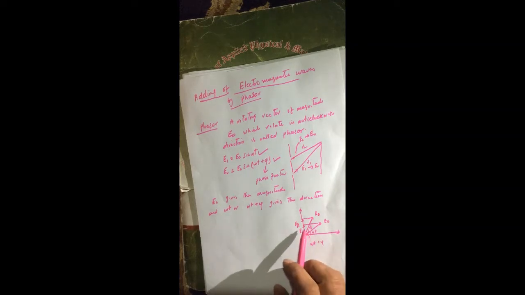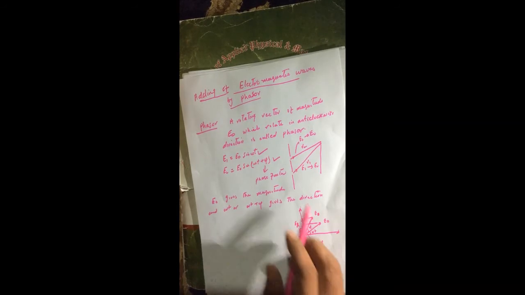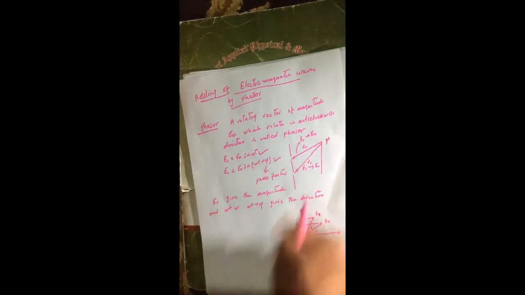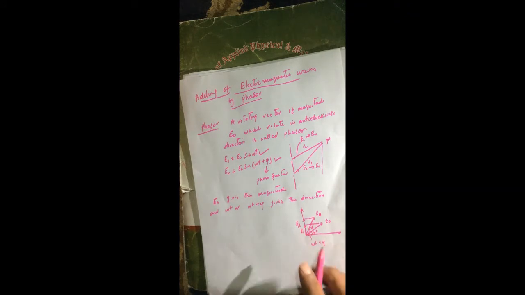Now to calculate the field components of these two vectors E1 and E2 at point P, we are adding these two vectors vectorially.